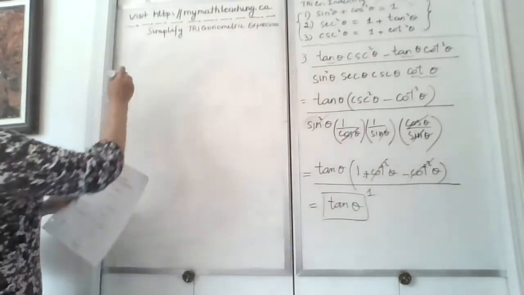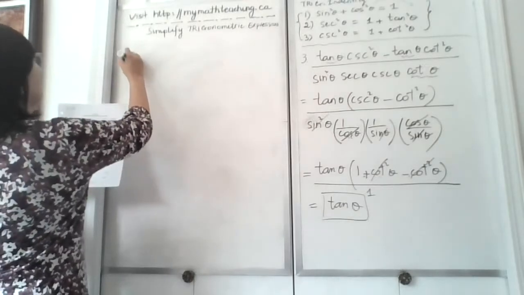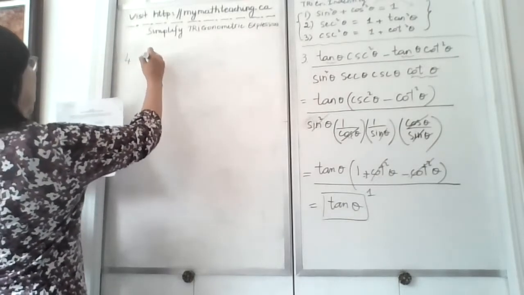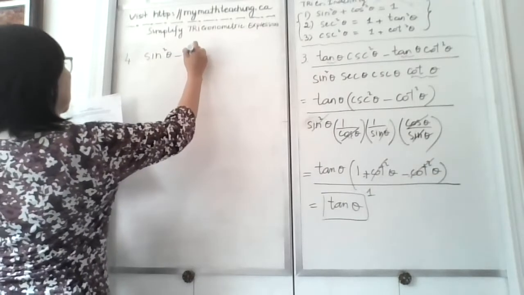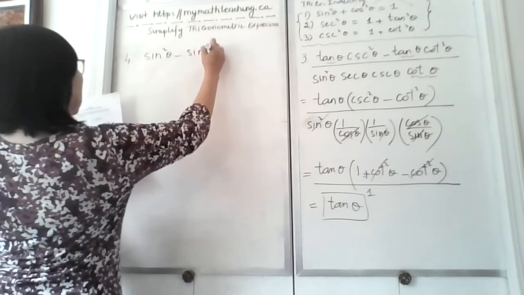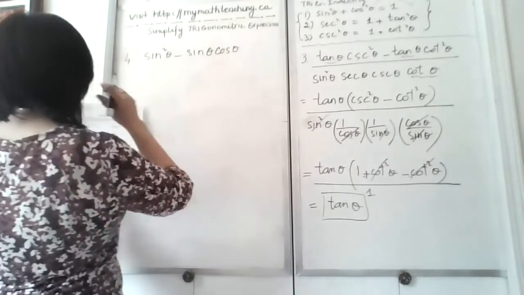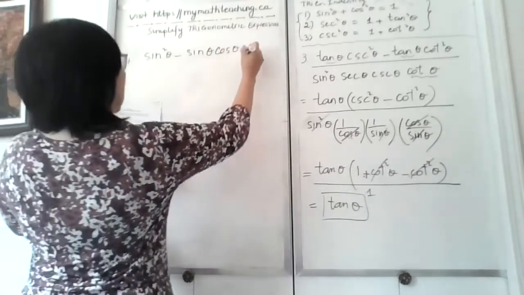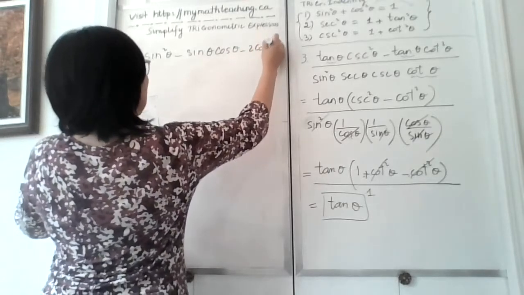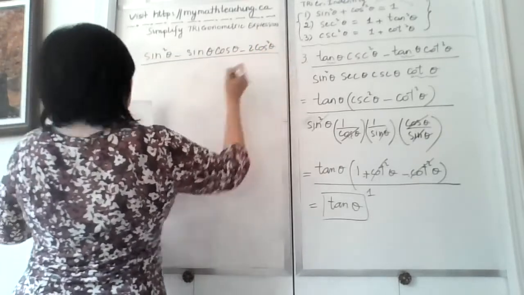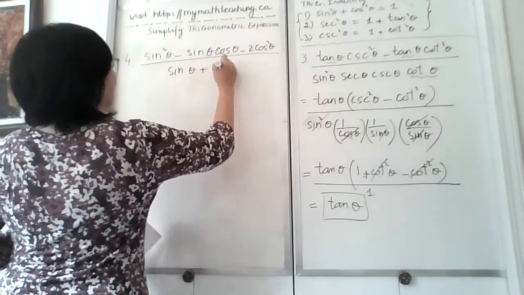So the next example I want to give you is number 4, which is sine square theta minus sine theta cos theta minus 2 cos square theta, all of this over sine theta plus cos theta.